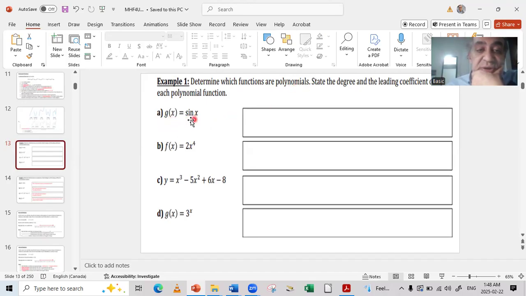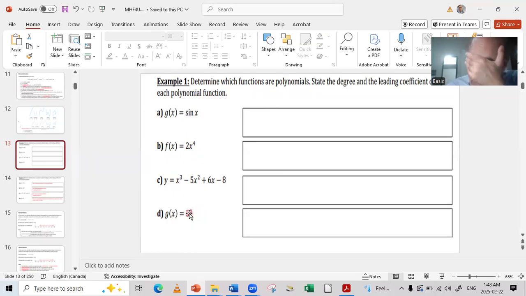So g(x) equals, no, this is trigonometric. f(x) equal to x power 4, that's right. This one also is right, because this is also a polynomial.